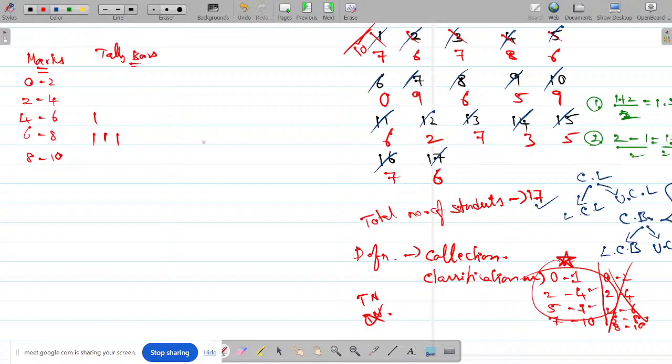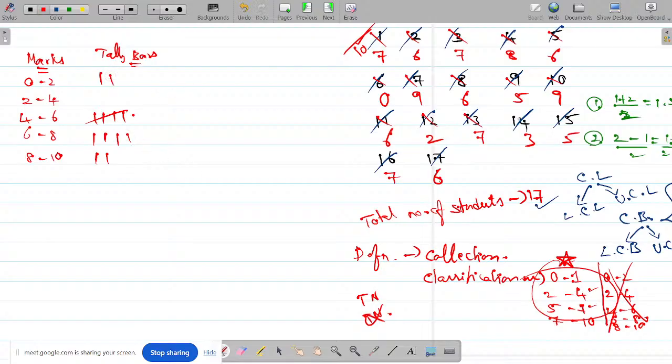Then 6. Then 9. Then 6. 5, 5, 5. 9. 6. 2. 7.